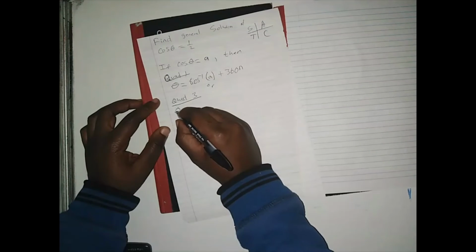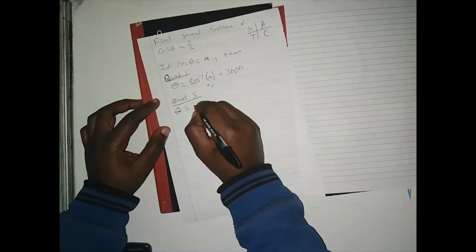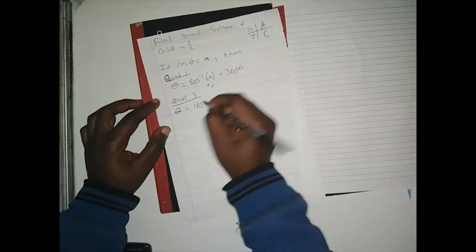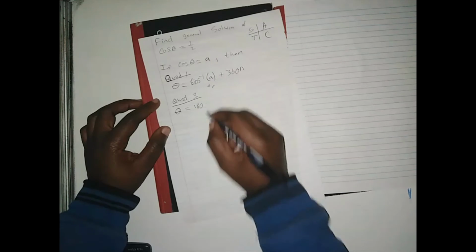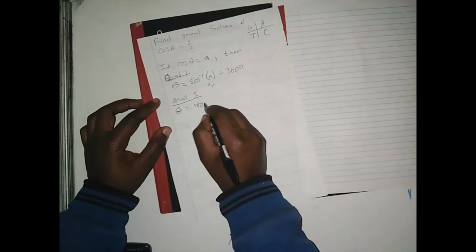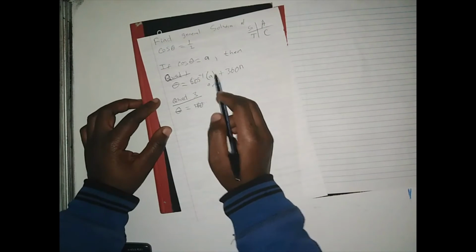In quadrant 3, as you know, it's always 180 plus. Okay, so which is equal to 180 plus what? So you've got 180 plus, we're talking nonsense. Okay, we've done quadrant 1.